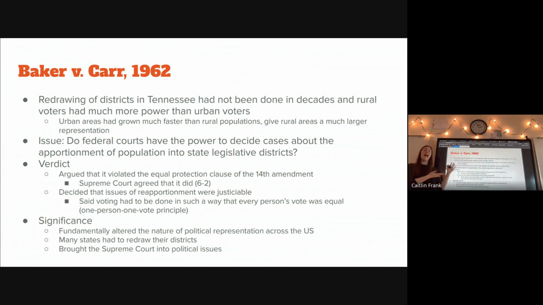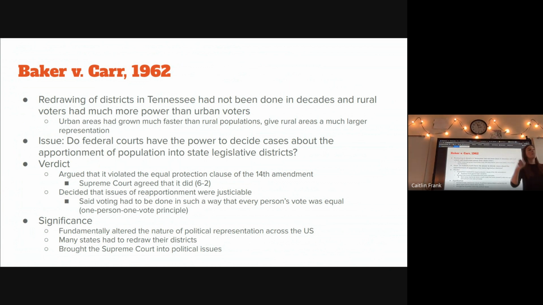Tennessee had not changed their district lines in decades, even though their population had significantly changed, which ended up giving unfair power to rural areas and taking power away from urban areas, which had grown in those decades since. So those suing on this topic said that by not redrawing their districts, it was violating the 14th Amendment Equal Protection Clause, where people do not have equal representation in Congress because districts are not redrawn based on population.